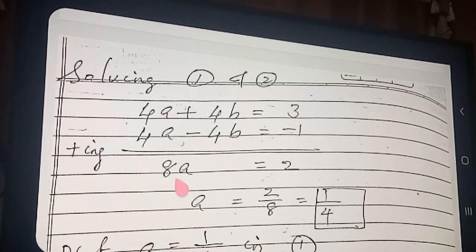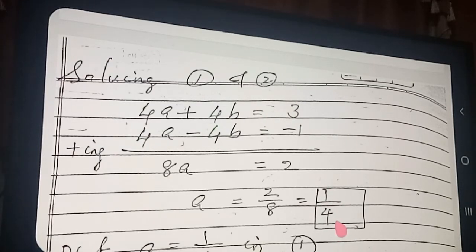So 4A plus 4A how much coming? 8A. 8A how much got? 3 plus minus 1. Take the difference and put the largest number sign. So you got A is equal to how much? 2 by 8. 2 by 8 is equal to how much? 1 by 4. 2 up and down cancelling, you will get A is 1 by 4.